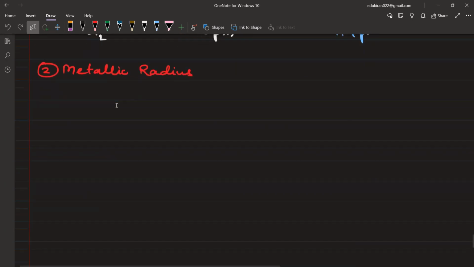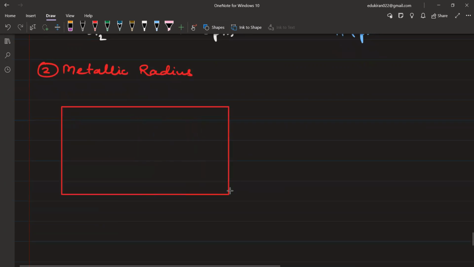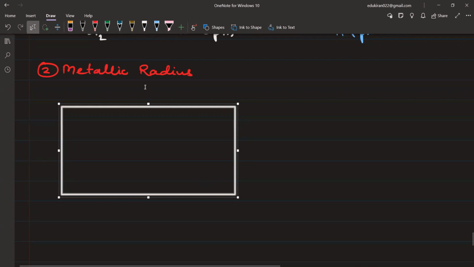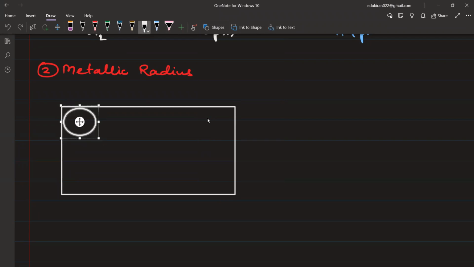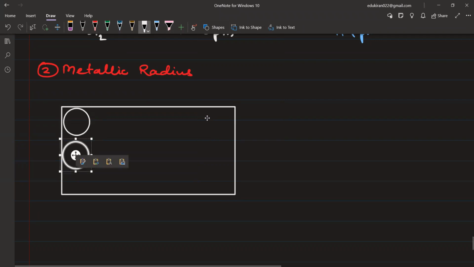Now, metals are not present as homodiatoms. They will be present as lattices, right? You will have a block of metal like this, and this particular block will have some atoms in it, right? So I'm just trying this out. Can I have 3? Yeah, I think I can have 3.